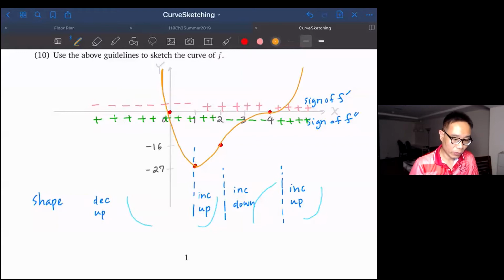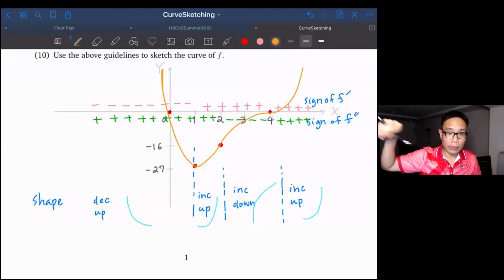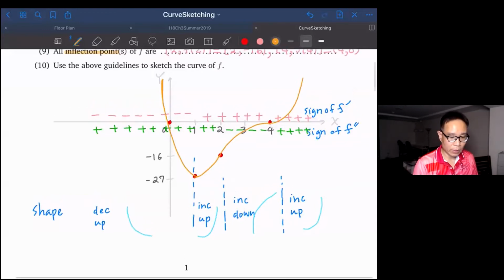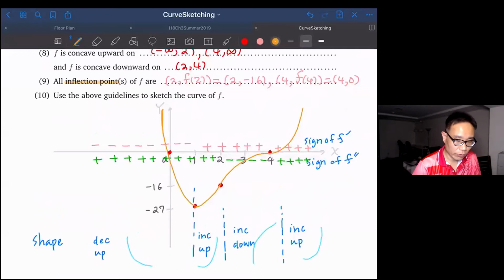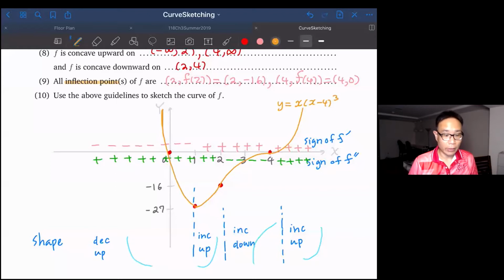Okay, so this one is your y equal to f of x, and you see that it's going to be 4 pieces that we gather information from the above guideline, and then you have the graph of the function f of x equal to x times (x minus 4) to the third. Okay, so this one is the graph that you see.